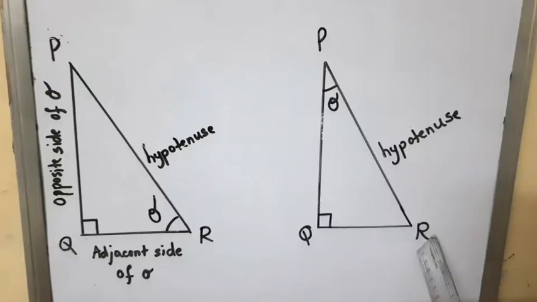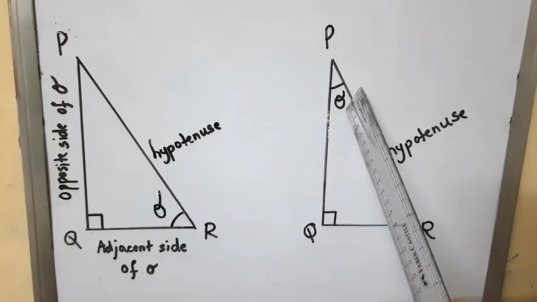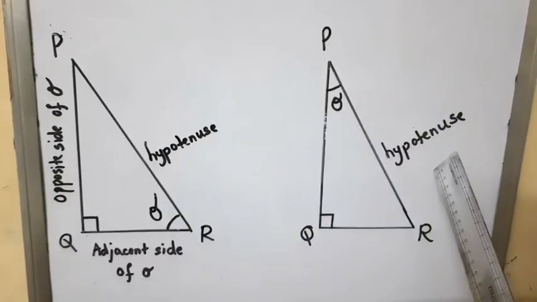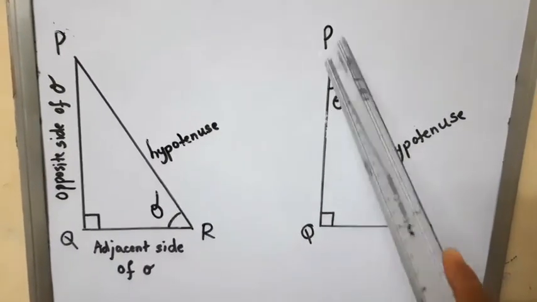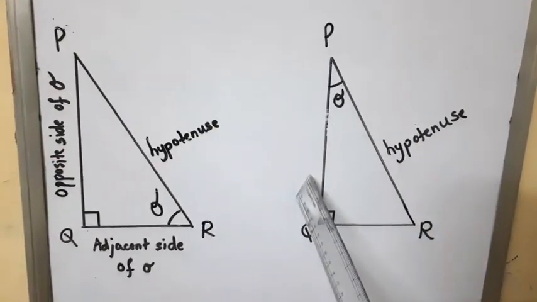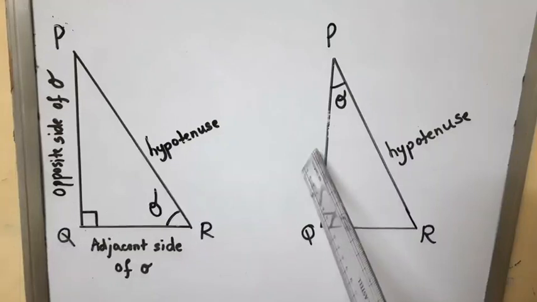Therefore QR is the opposite side of angle theta. Now you know this is the hypotenuse and this is the opposite side. Then the remaining side PQ is the adjacent side of angle theta.